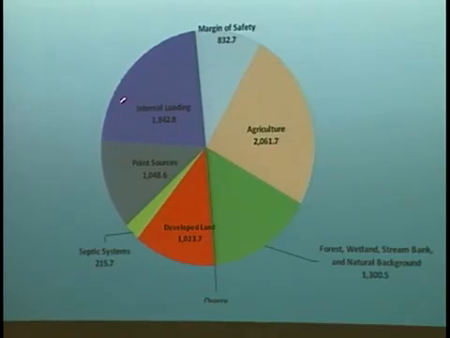Internal loading is around 18, point sources 1,000. And of course, with any particular estimation, there is a margin of safety they put in there as well, to account for the unknown where other phosphorus sources are coming from. In septic systems, again, many experts believe that this number's a little low.